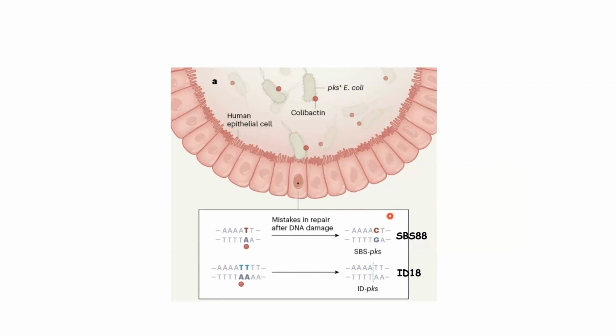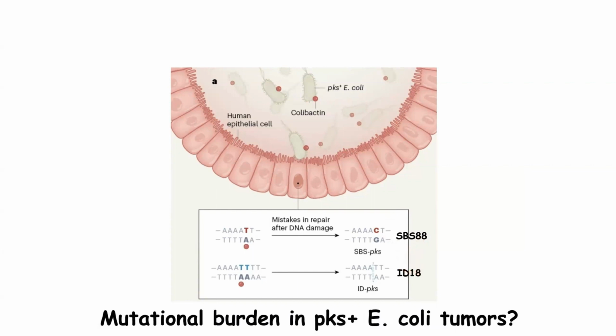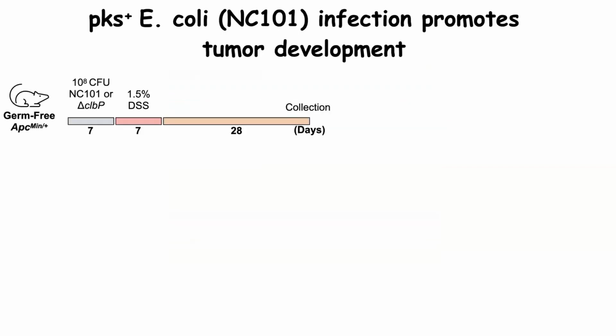And that's how they found this mutational signature, SBS88 and ID18. But the real question here is, what's the mutational burden of PKS positive E. coli in real tumors? This is not a tumor, this is a cell system. So we were interested in understanding that.